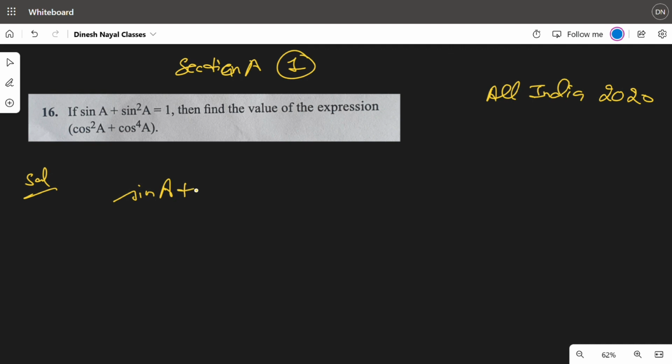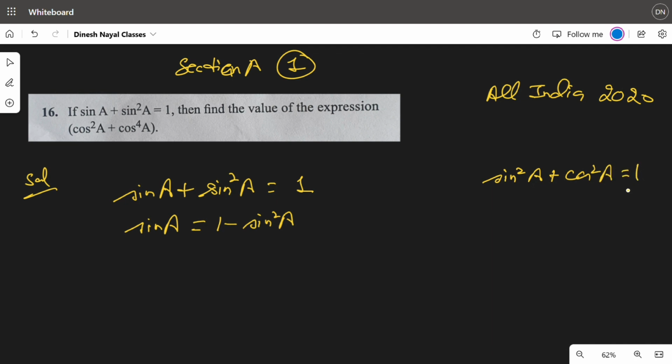Sine A plus sine square A equals 1. So now we can write sine A, taking sine square A to that side, which is equal to 1 minus sine square A. And if you remember the trigonometric identity, sine square A plus cos square A is 1.